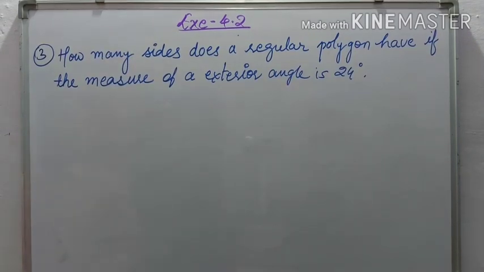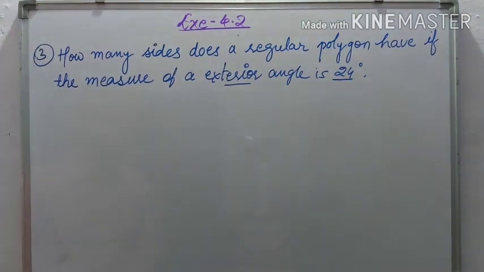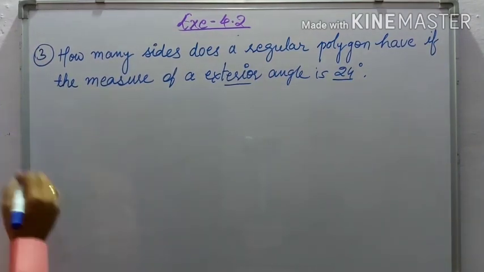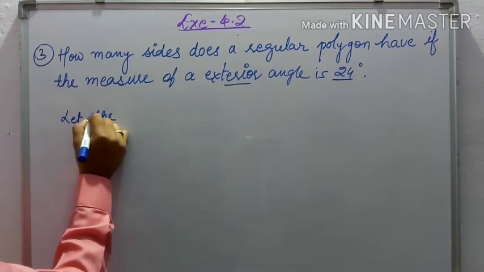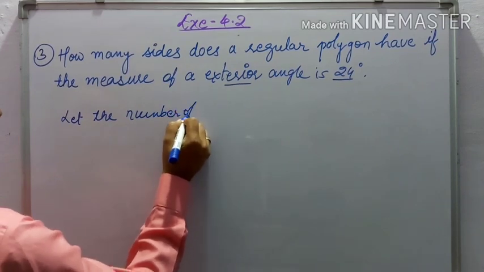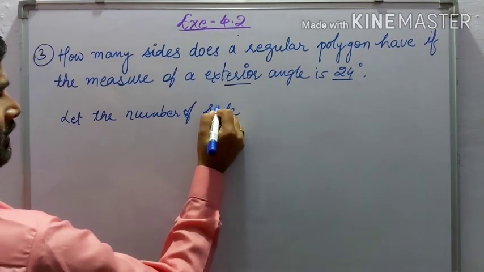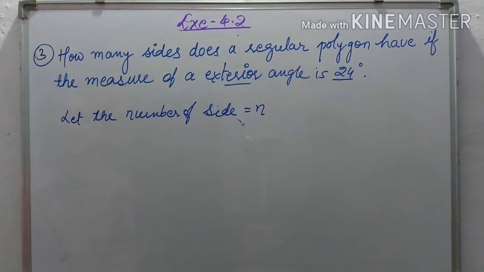How many sides does a regular polygon have if the measure of the exterior angle is 24? Okay, the same relation. First, let the number of sides be n.